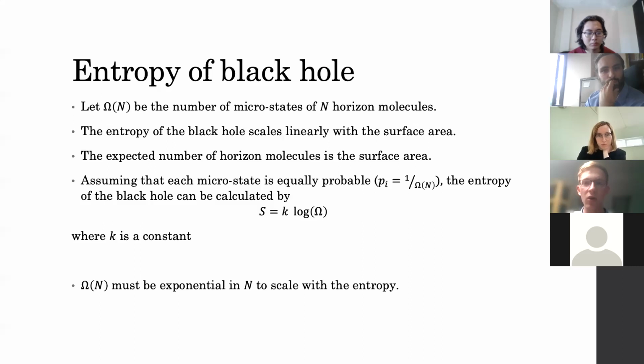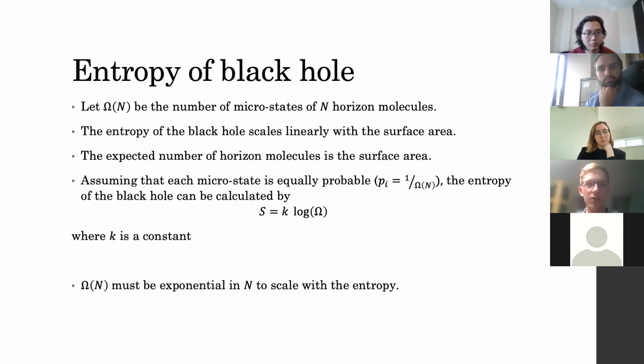And as we said, this is the main goal of this presentation, to find a counting prescription, which we call omega of n, which represents the number of microstates of n horizon molecules. So we know from thermodynamics that the entropy of the black hole scales linearly with the surface area. And then from Barton et al., we know that the expected number of horizon molecules gives the surface area in discreteness units.